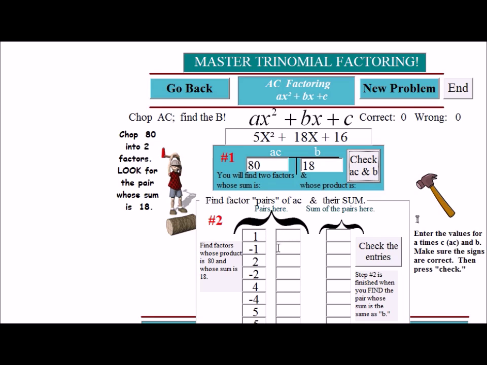Now look how tedious this is. Find the factors whose product is 80 and whose sum is 18. They want us to put down all of the things that make 80.